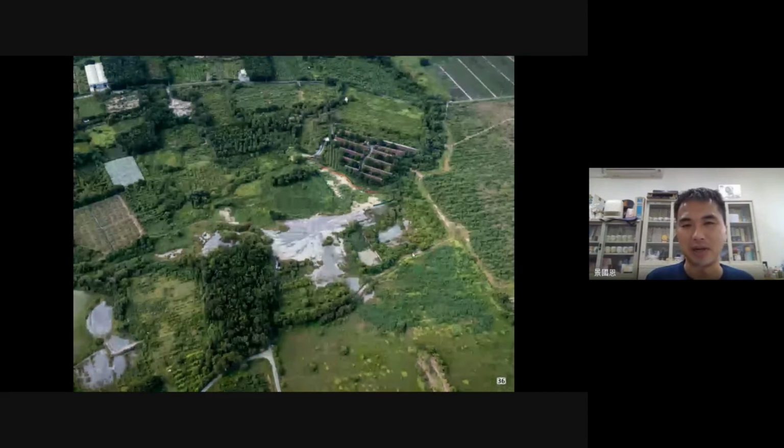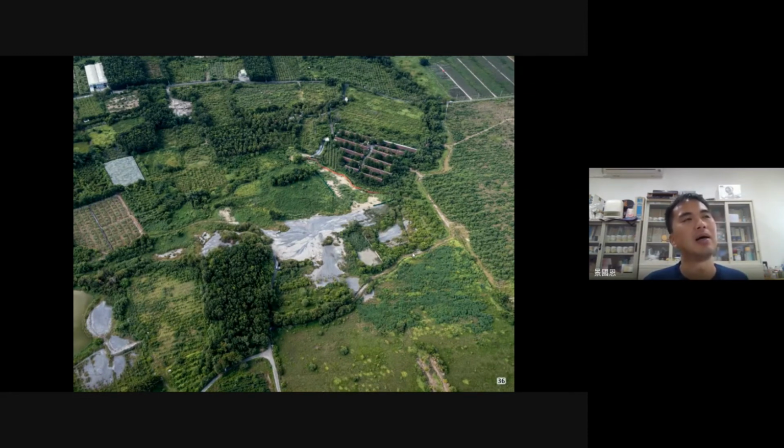So this is the general idea. However, in these areas, everything is field, everything is vegetation or soil. So please imagine that the slip rate of the fault is around 2 centimeters per year.